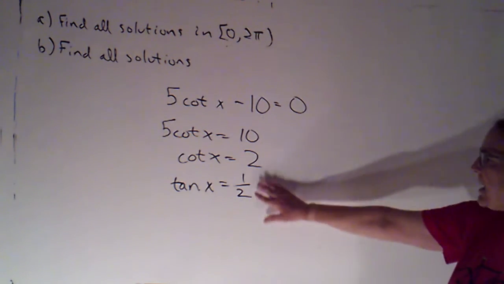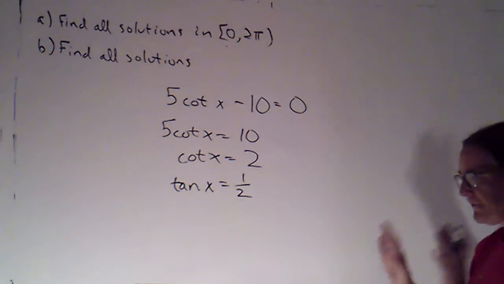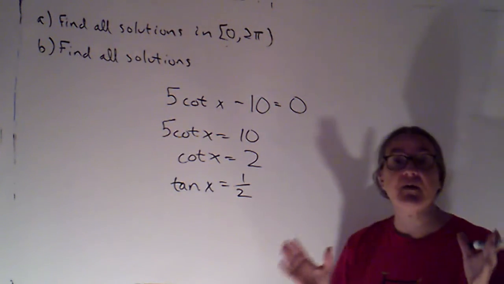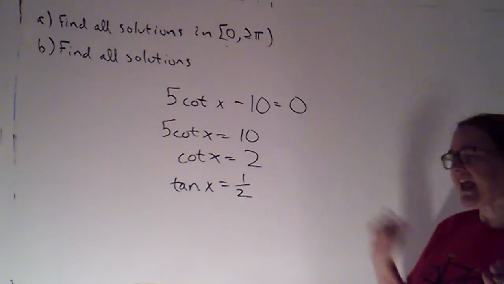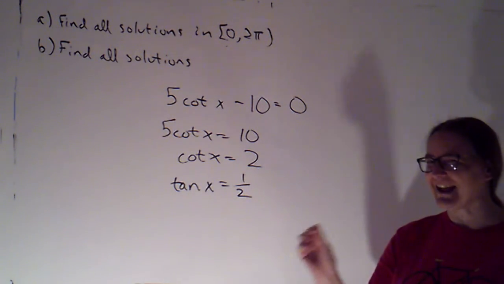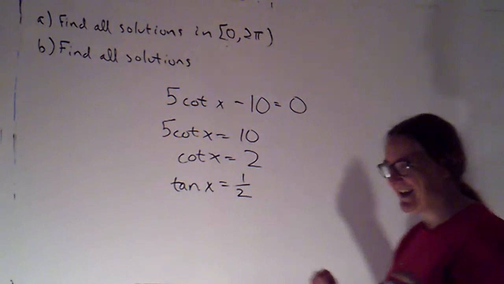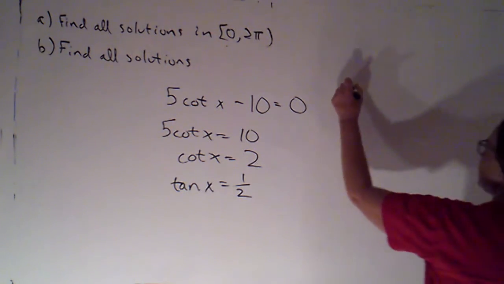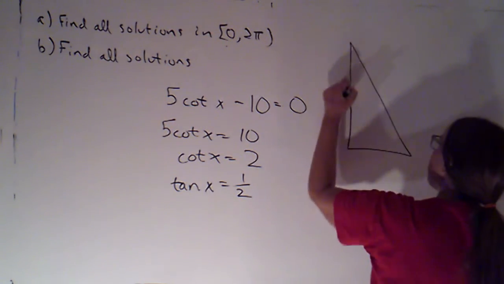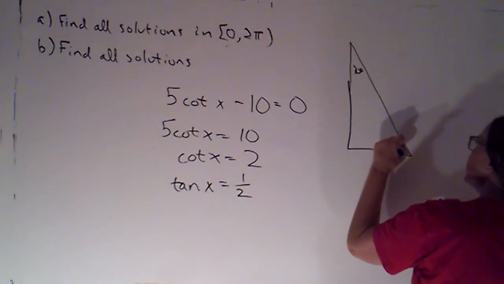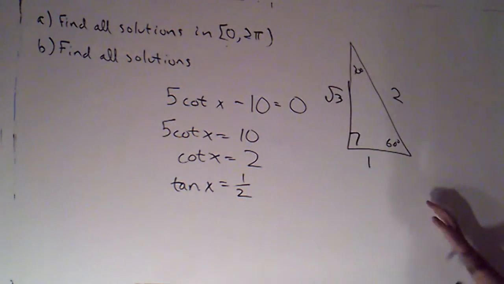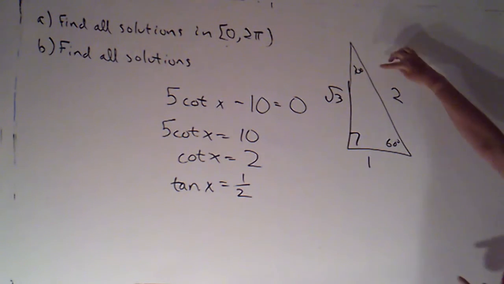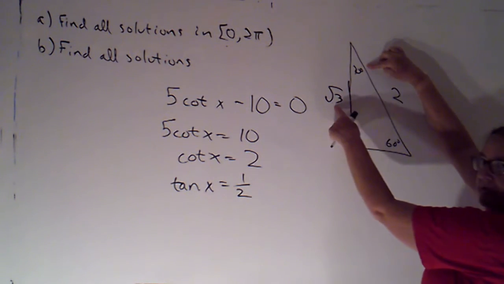Okay. Now, when I see 1/2, at first glance I might say, oh, this is going to be one of my special angles, because 1/2 is familiar. But 1/2 is familiar because it shows up as the sine or the cosine of 30 degrees and 60 degrees. If I take a look at my 30, 60, 90 triangle, if I'm looking at tangents, tangent of 30 is 1 over root 3.